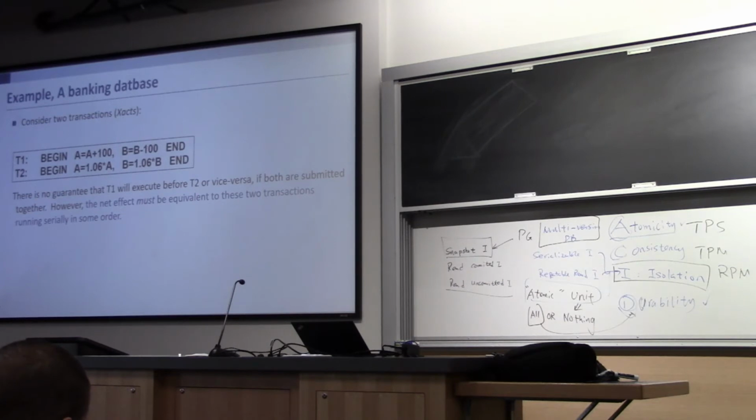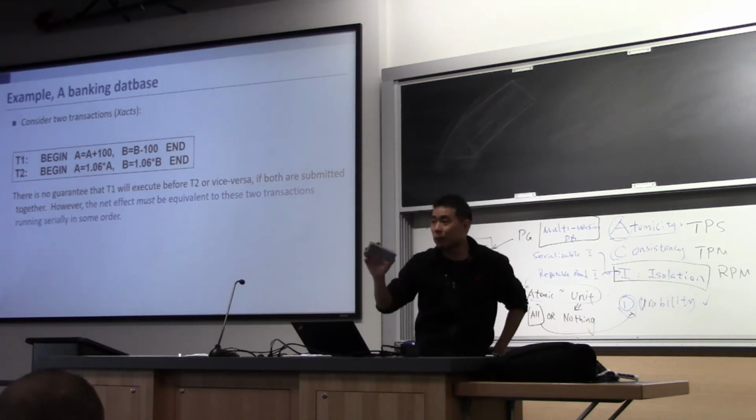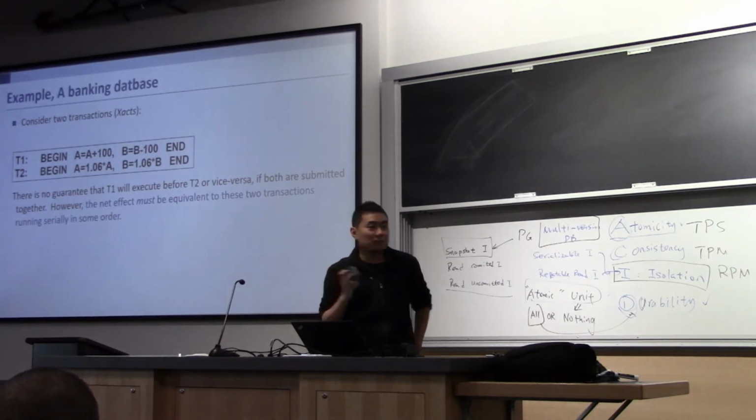You cannot have a functioning society if you don't do concurrency control right in your database. That sounds like a really bold claim, but I'm going to convince you of that using this extremely simple example. So follow with me. Even though it's simple, it's actually a really interesting example.